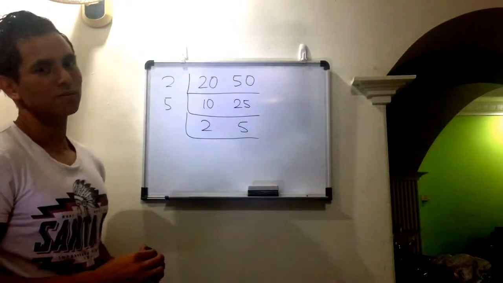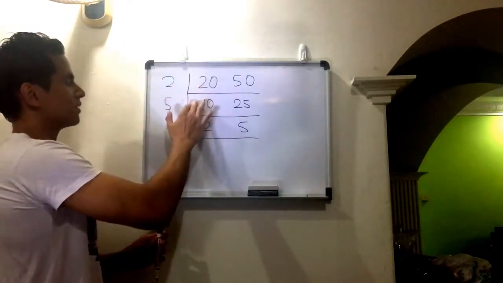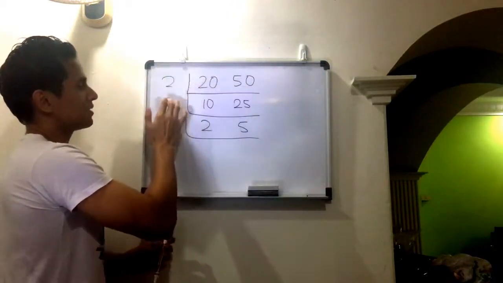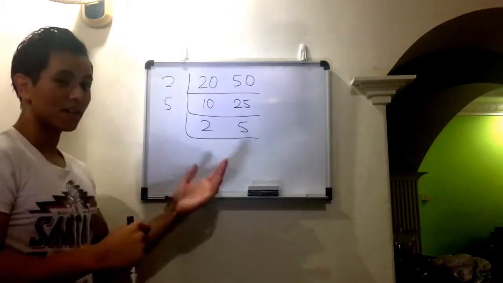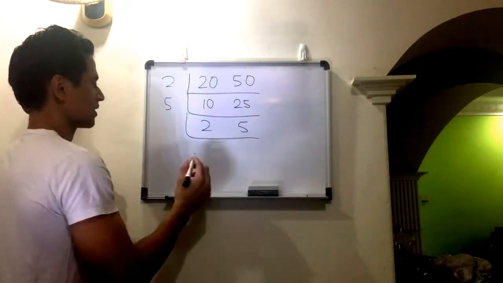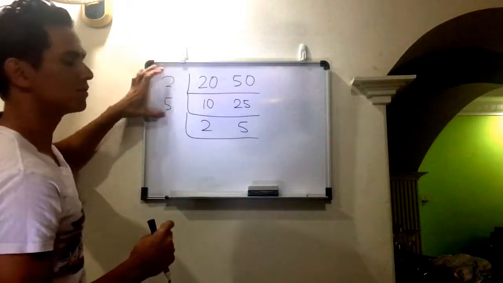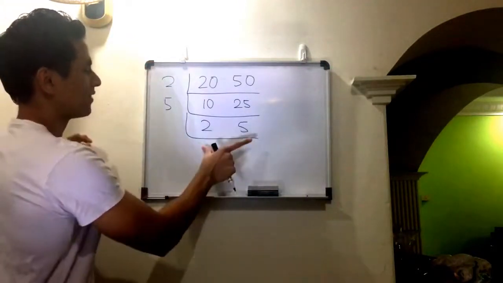So what happens now is, in this simple case whereby in each step we can divide both numbers by the prime numbers, and at the end we have prime numbers here, it's very simple. We can go about doing as such. The highest common factor will be these two, and the lowest common multiple will be these two and these two.